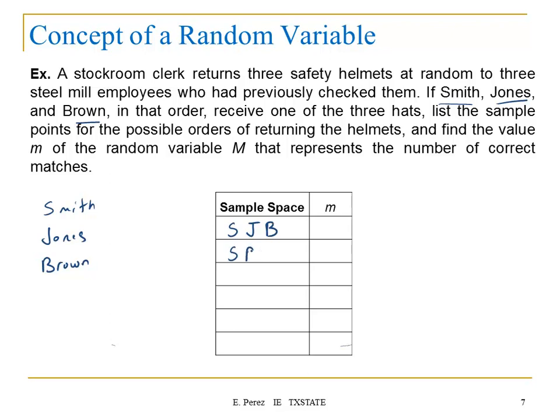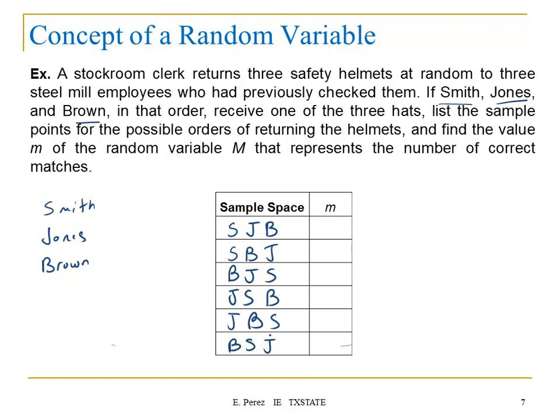Let's put S, B, and J. J, S, B. Okay, and what we're trying to find out for this value is the number of matches.